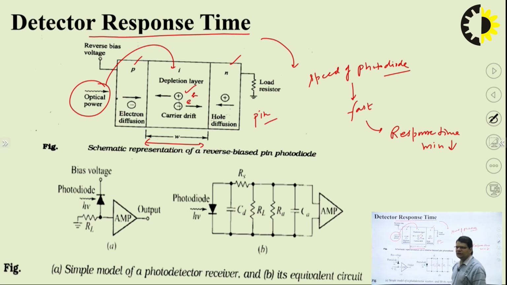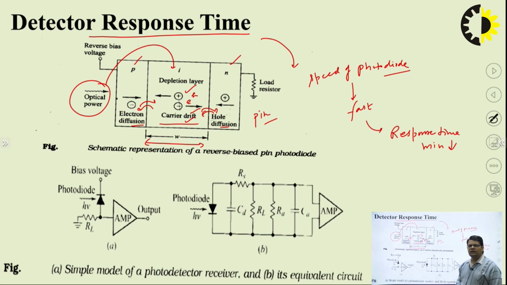But it is not necessary that optical power will be incident only over the intrinsic layer. Some power may fall outside this depletion region, so that will also generate the electron and hole. The phenomenon that takes place inside this depletion region is drift of carriers, whereas outside the depletion region it is diffusion of carriers.